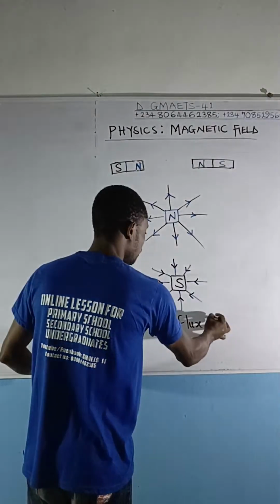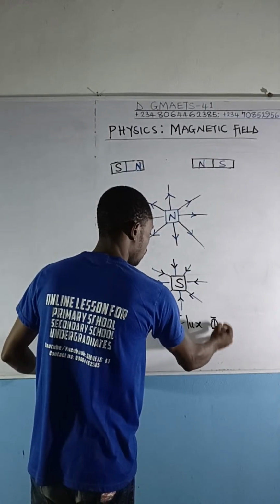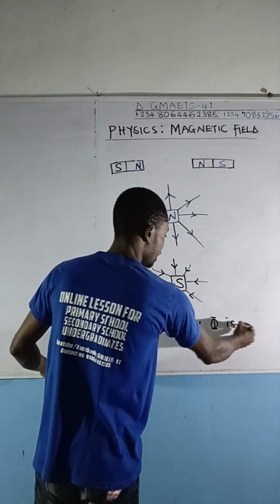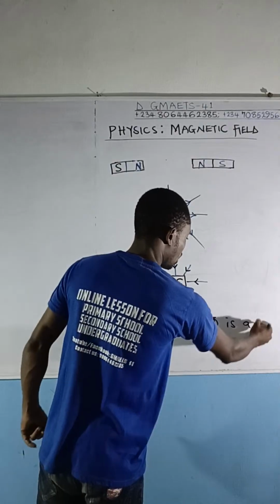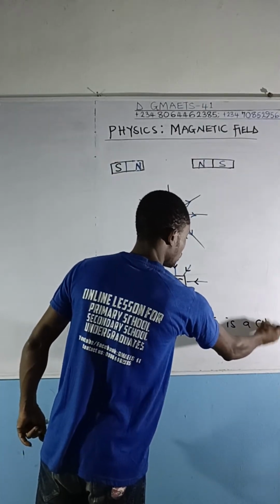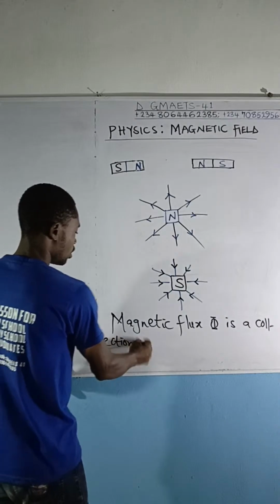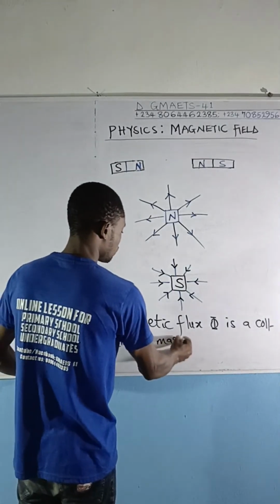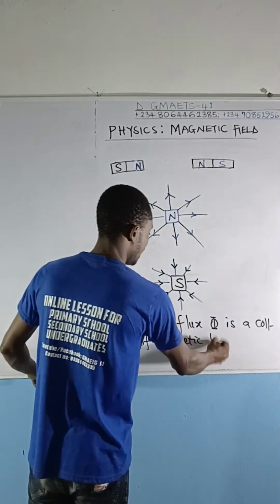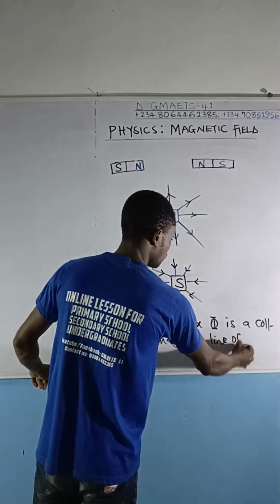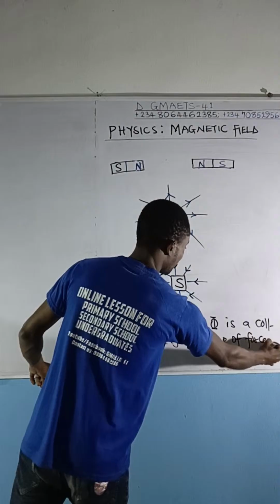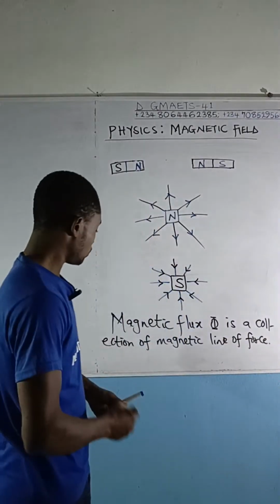We use this symbol for it. Magnetic flux is a collection of magnetic line of forces. Okay, magnetic line of force.